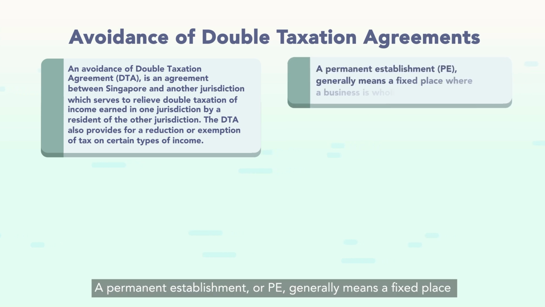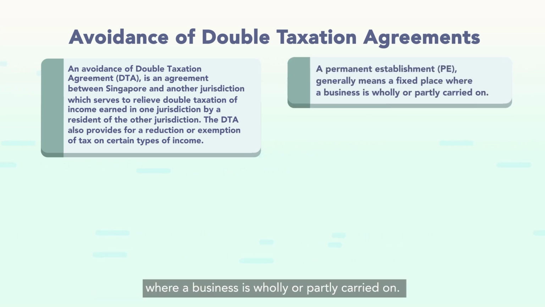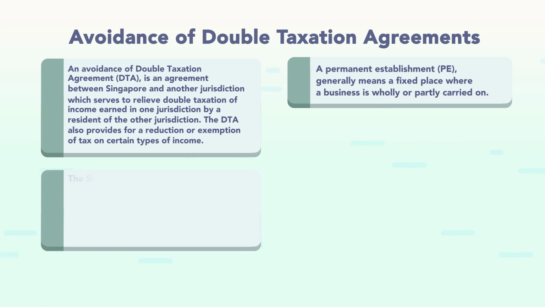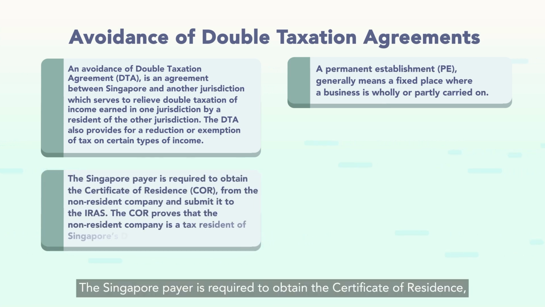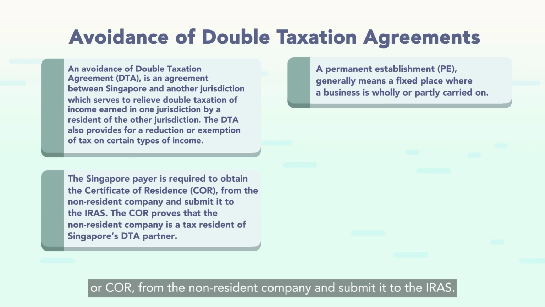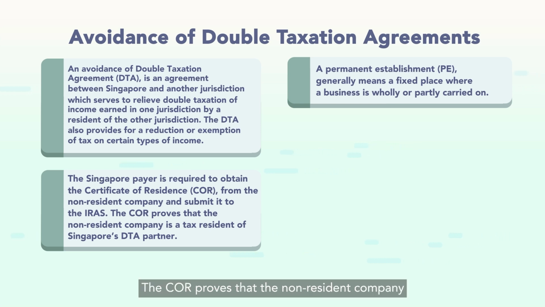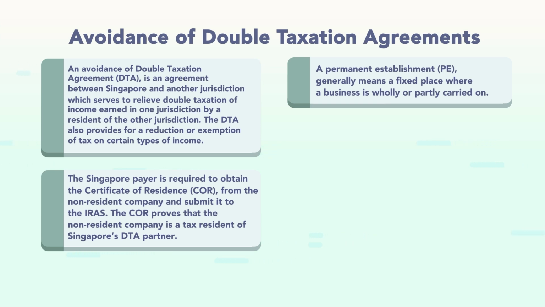A permanent establishment, or PE, generally means a fixed place where a business is wholly or partly carried on. The Singapore payer is required to obtain the Certificate of Residence, or COR, from the non-resident company and submit it to the IRAS. The COR proves that the non-resident company is a tax resident of Singapore's DTA partner.